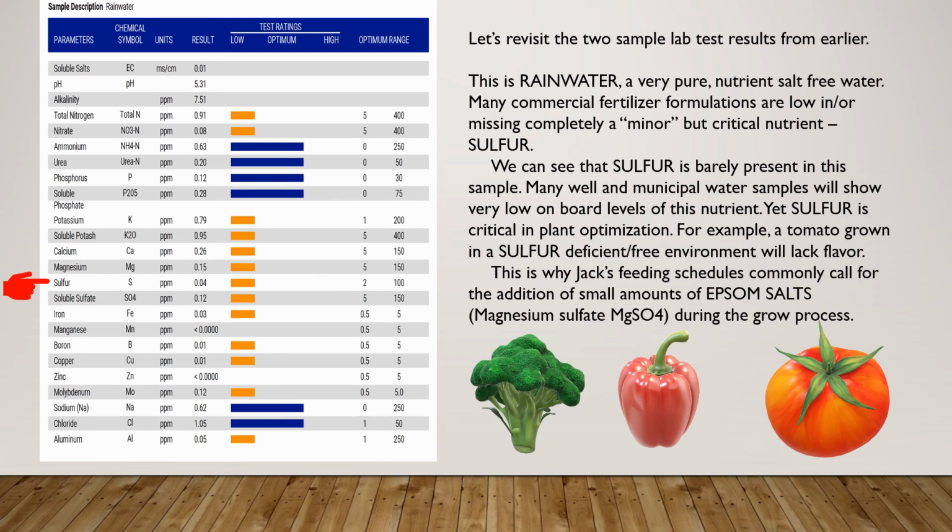It's magnesium sulfate, and that's where the sulfur is coming from, to make up for the deficiency in most waters. So again, we get back to looking at the lab results, seeing where we are, and then fine-tuning our choice of nutrient inputs with our water chemistry to make sure that we're delivering that optimal level of nutrition to our plants.